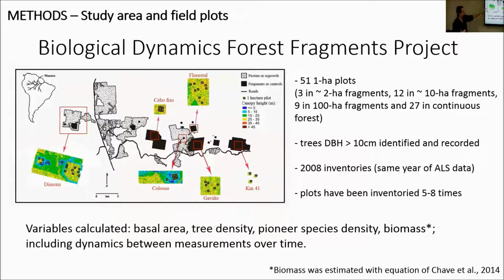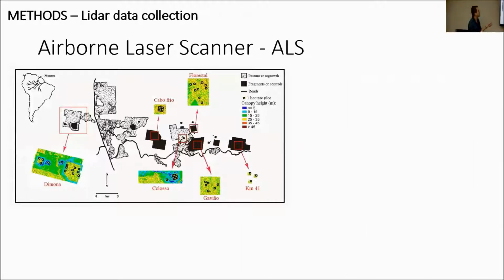And we calculated for these plots the basal area, tree density, pioneer species tree density, and the biomass was estimated with the equation of Chave, including the dynamics of these variables, okay? Basal area, biomass, the density of trees, and the density of trees of pioneer species.